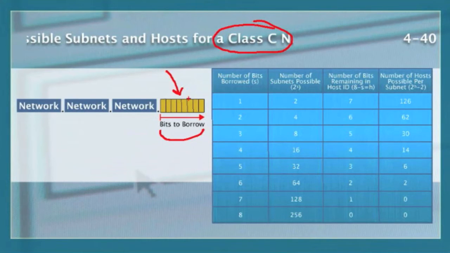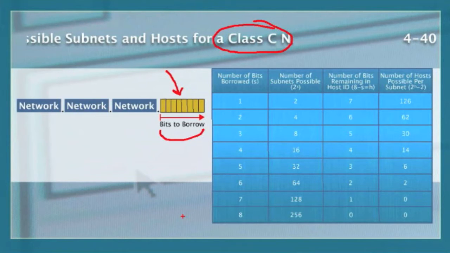We borrow bits from the network portion to identify additional networks. If we borrow bits to identify additional networks, how many additional networks can we define, and how many hosts can each of these networks have?